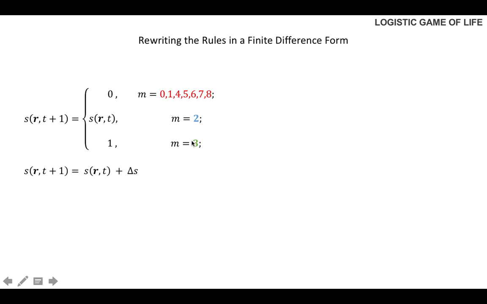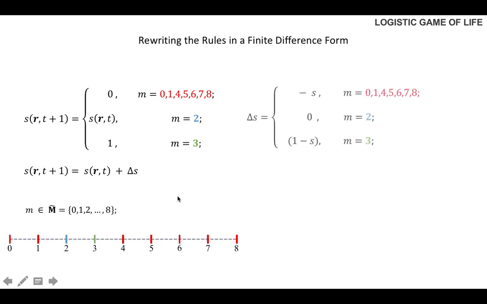We don't change anything, we just rewrite it as S(t+1) = S(t) + delta S. In this case, delta S is basically minus S. You can see to go to 0, you have to subtract S from here, which means delta S is minus S. If it's stability, delta S is 0. If it's growth, delta S is 1 minus S. And you can see here the neighborhood is 0, 1, 2.